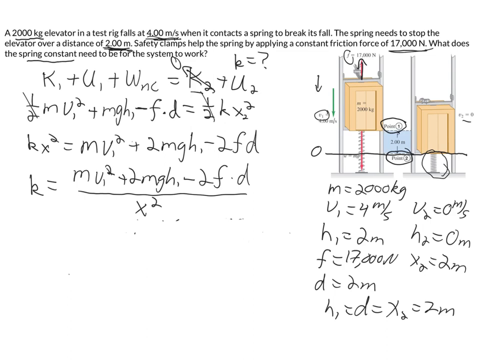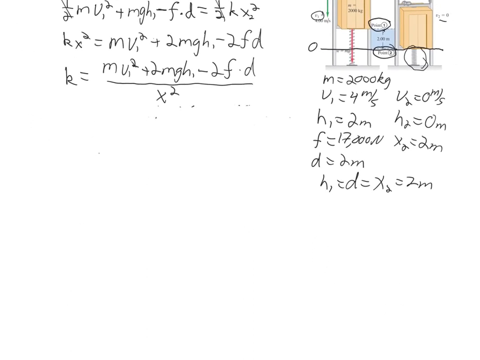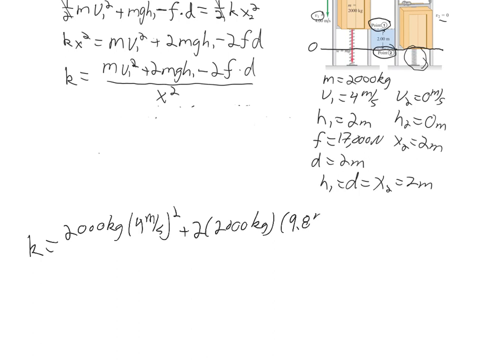All right. Scroll down. So now let's take 2. We got k equals 2,000 kilograms times 4 meters per second squared, plus 2 times 2,000 kilograms multiplied by 9.8 meters per second squared multiplied by 2 meters, minus 2 times the force of 17,000 newtons multiplied again by 2 meters.